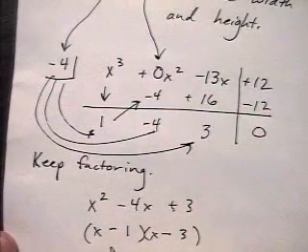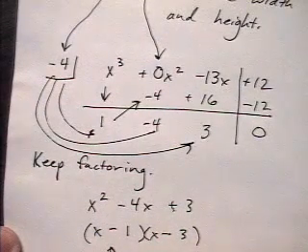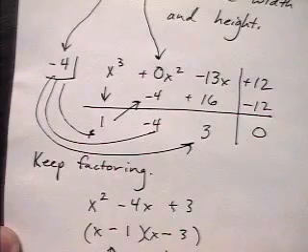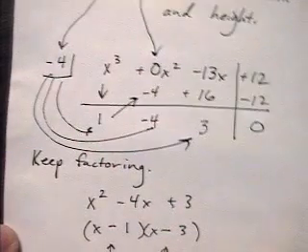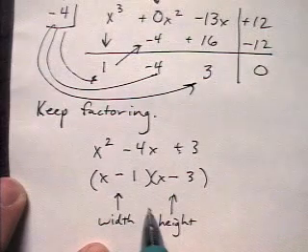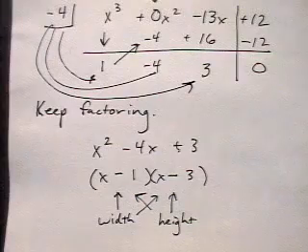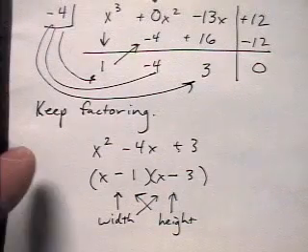So I don't really care if you call this the width and this the height, or you switch it around. One of them has to be the height, one of them has to be the width. I don't really know which is which, so you just have both the dimensions, and that's really all they wanted to know.